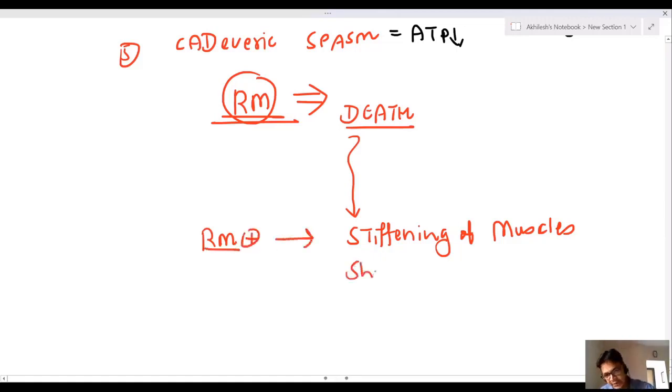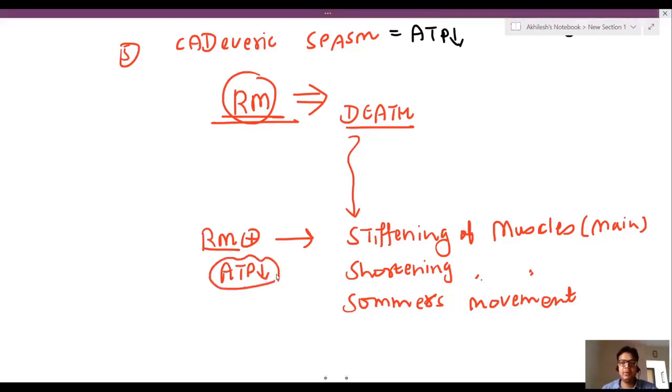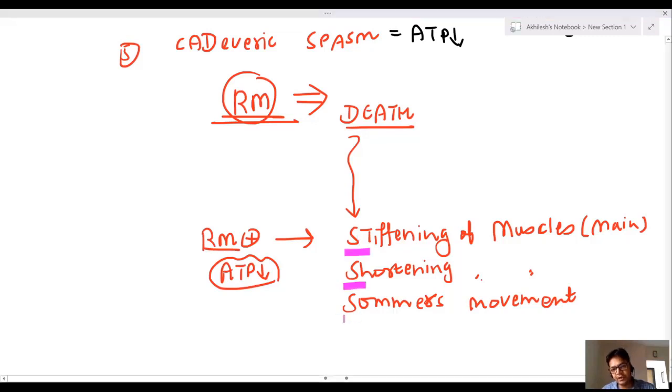Stiffening of muscle as well as shortening of muscle, but mainly it is stiffening. Shortening is less. It is also known as Sommer's movement. Mechanism I already told you, ATP is depleted.